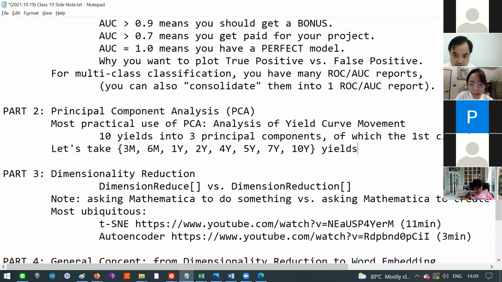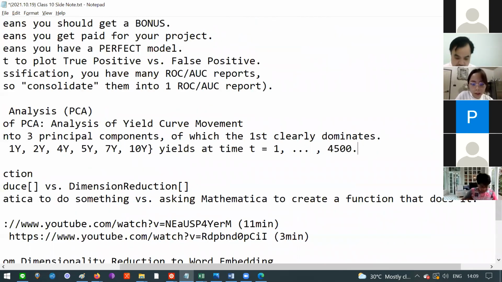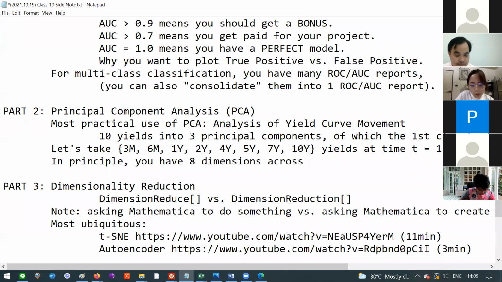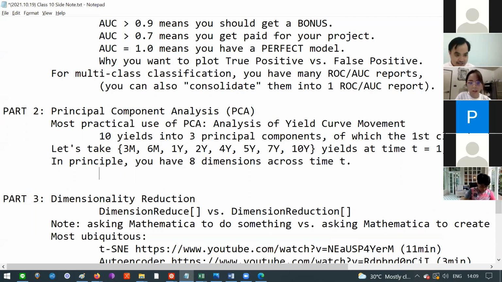Yield, T 1, 2. In principle, you have 8 dimensions, right? Across time. Yeah, 8 dimensions.